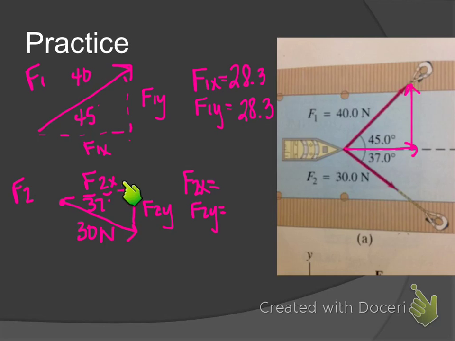When I'm solving for x here, would I be using sine or cosine? Cosine. It is adjacent to that angle. Cosine is adjacent, so I would take 30 times cosine of 37.